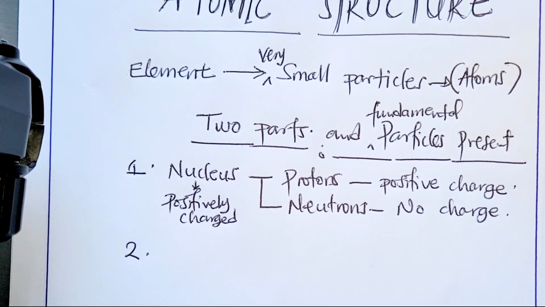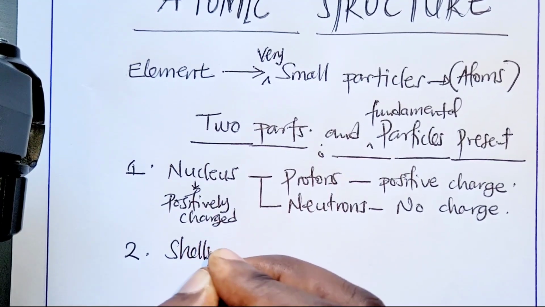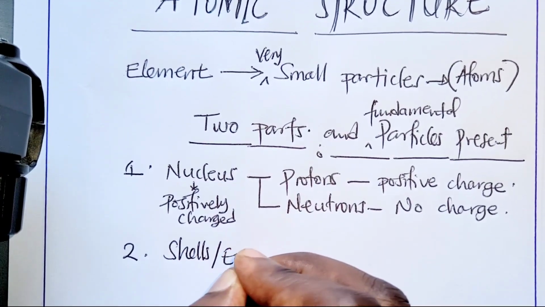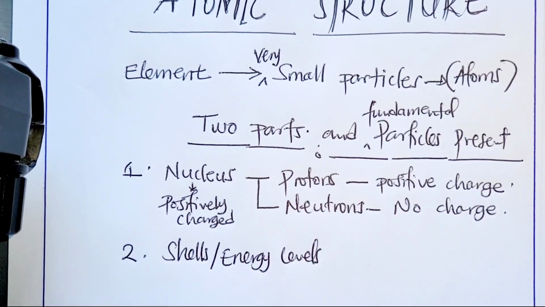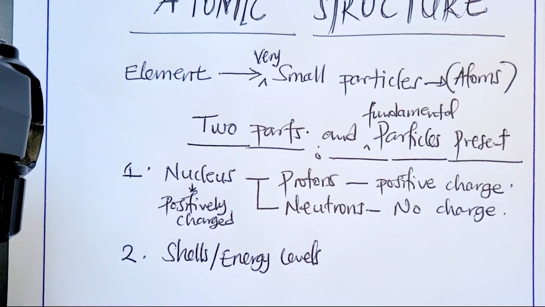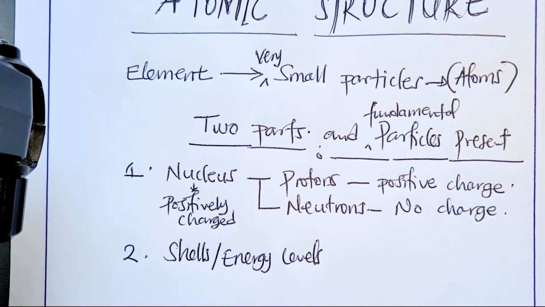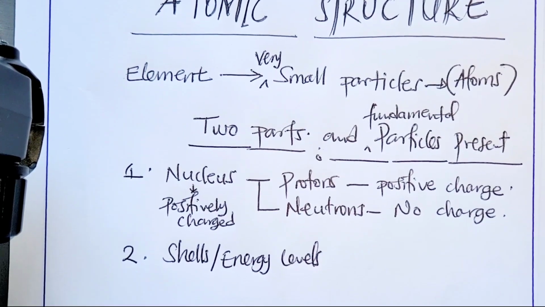Then in the atom we also have the shells, which you can also call energy levels. These are traces of electrons, where electrons are expected to be passing when they are rotating around the nucleus of this very atom.